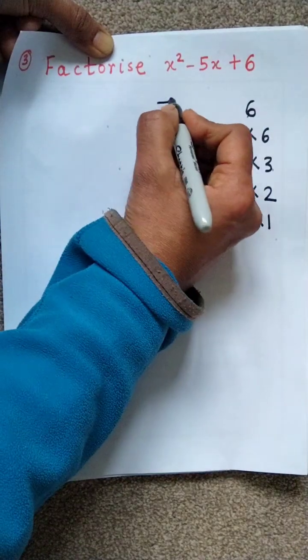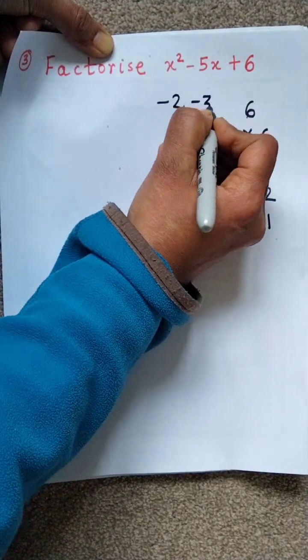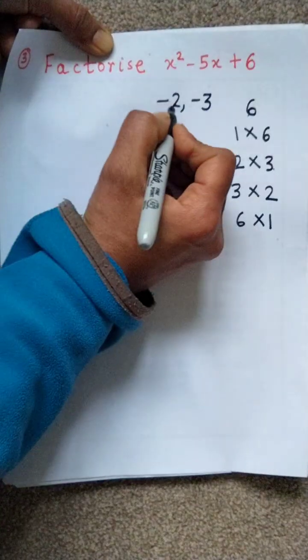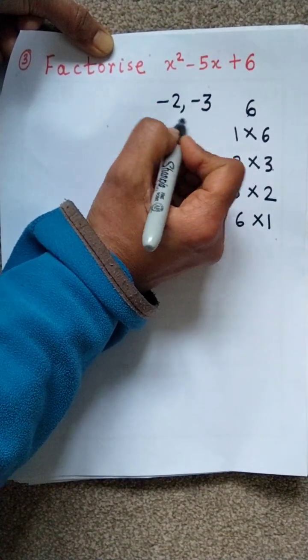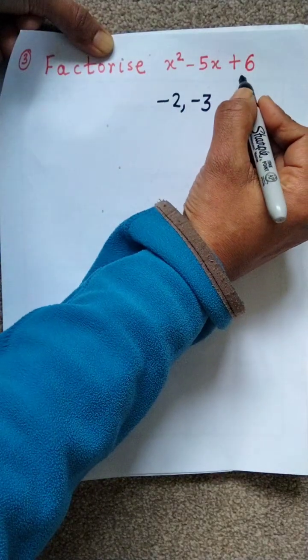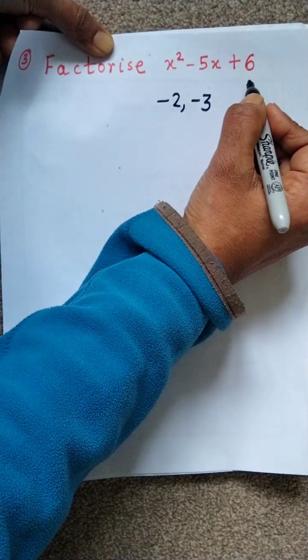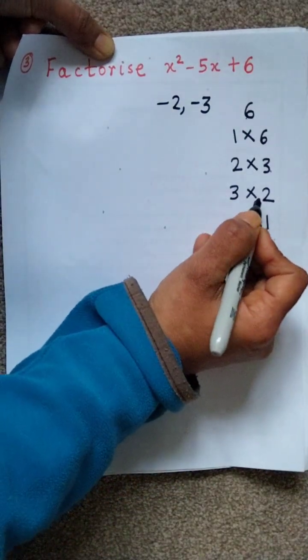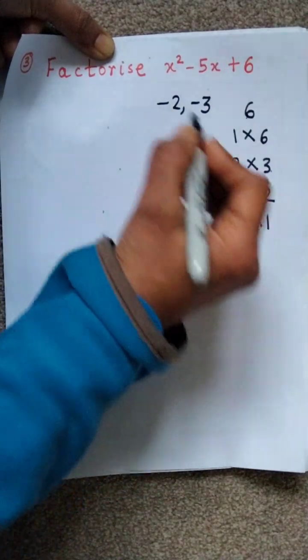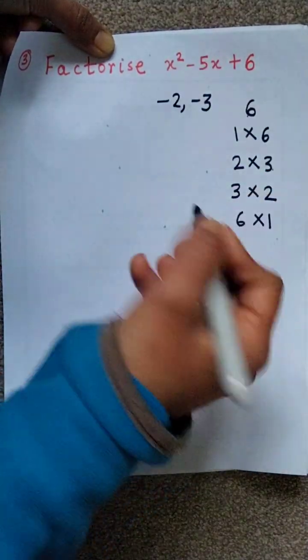The sum is -5, and if you multiply, the product is plus 6. So these are the two correct numbers. Or you can take -3 and -2 as well, both are correct.